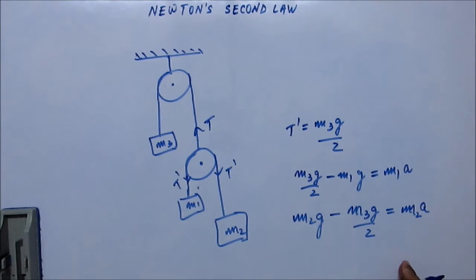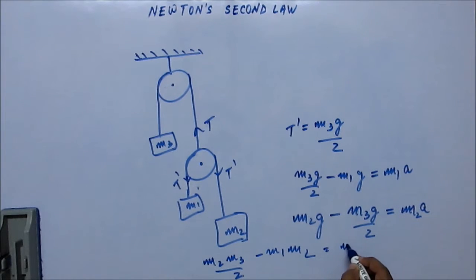Now to eliminate a, we have to divide equation 1 by 2, and when we do that we will get m2 m3 by 2 minus m1 m2 is equal to m1 m2 minus m1 m3 by 2. So m2 m3 and m1 m3, let's bring these on this side.